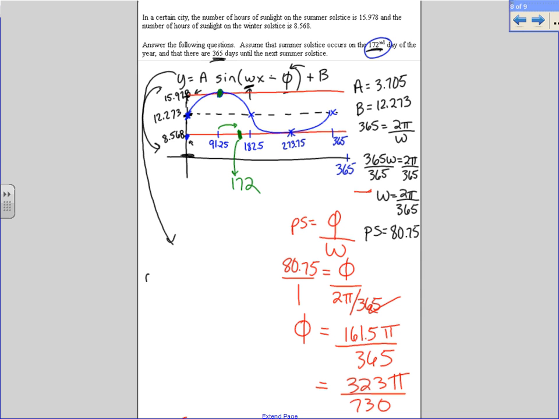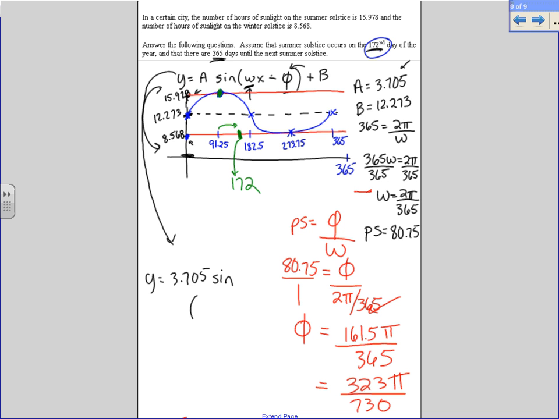So we'll get y equals A, the amplitude we found, 3.705, times the sine of omega times x.